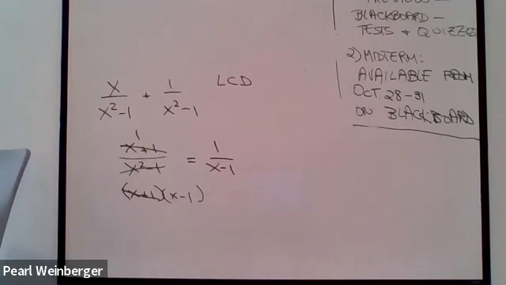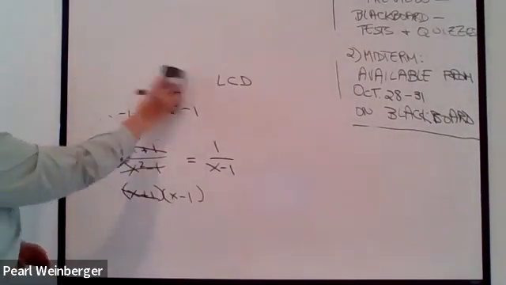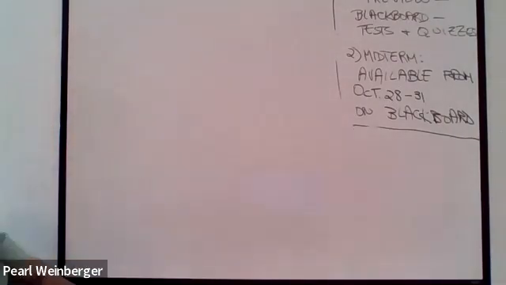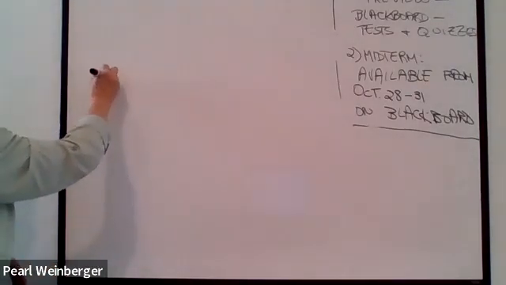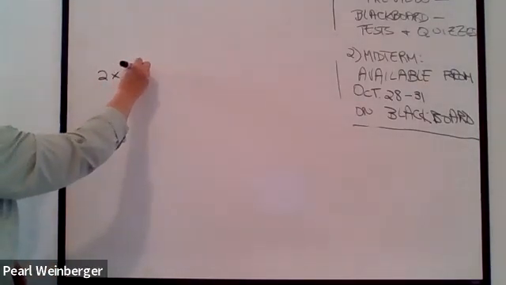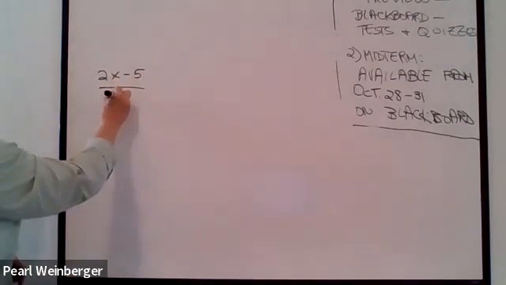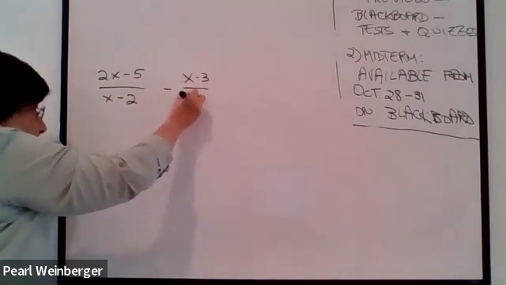Okay, let's try another example. Suppose I have 2x minus 5 over x minus 2, minus x minus 3 over x minus 2.